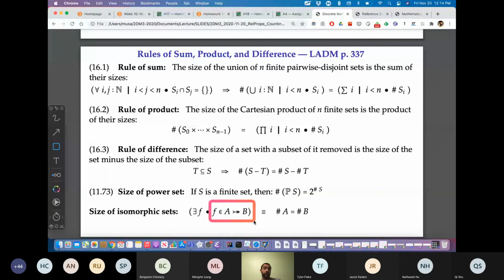That's what total means: every A goes to a B. Then univalent says every A goes to at most one B. So now we know the number of A's has to be at most the number of B's, because every A goes to a B and every A goes to at most one B. So that's A is at most B.